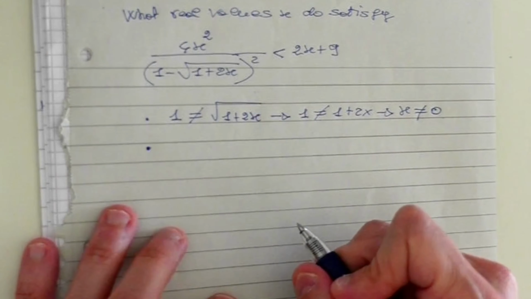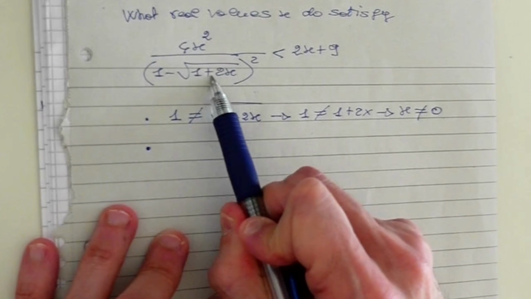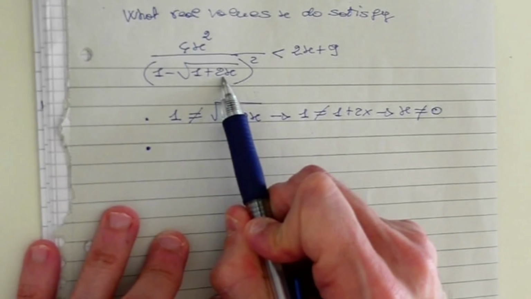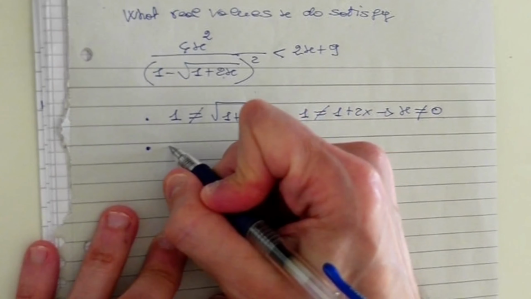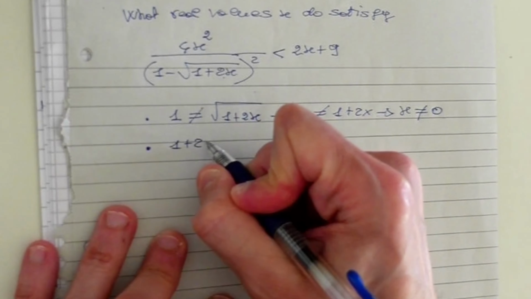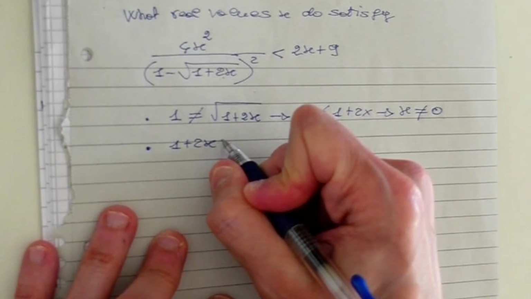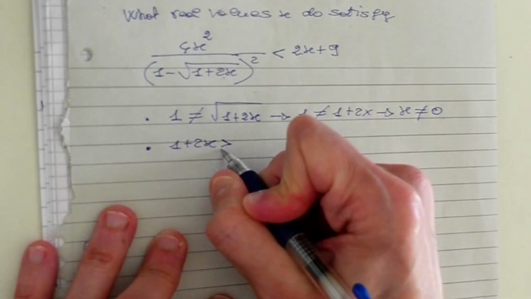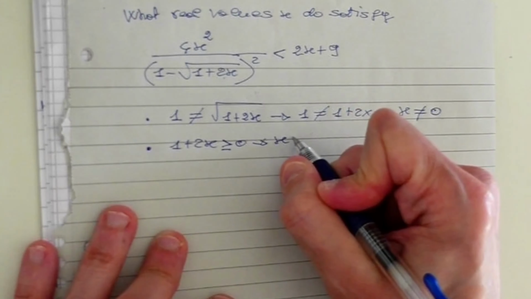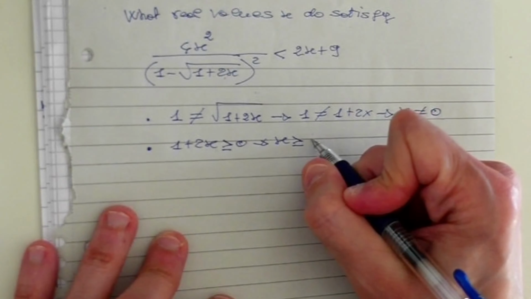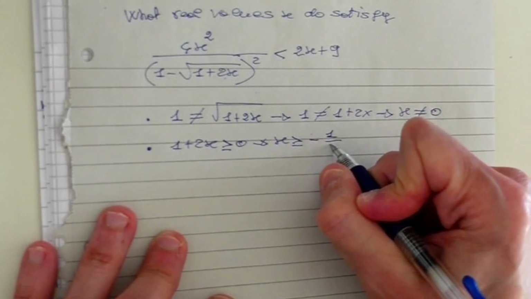The second condition is that 1 plus 2x must be larger or equal to 0. Specifically, we write this condition as 1 plus 2x larger or equal than 0. This implies that x must be larger or equal to minus 1/2.